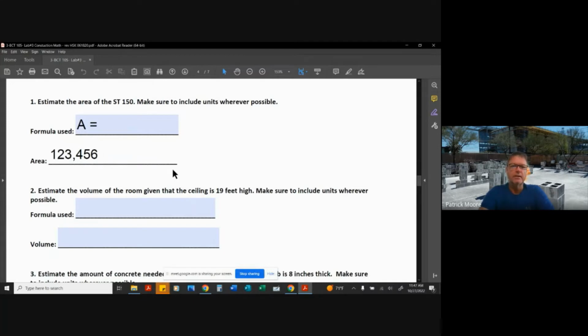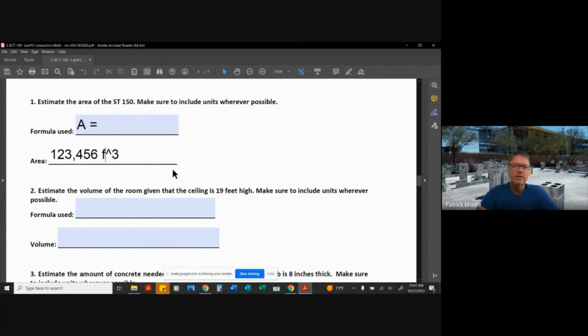If it's square feet, square inches, you could also do inches squared with a little raised 2 for square inches. If you're doing feet squared, it could be like this. If it's cubic feet, it could look like this.